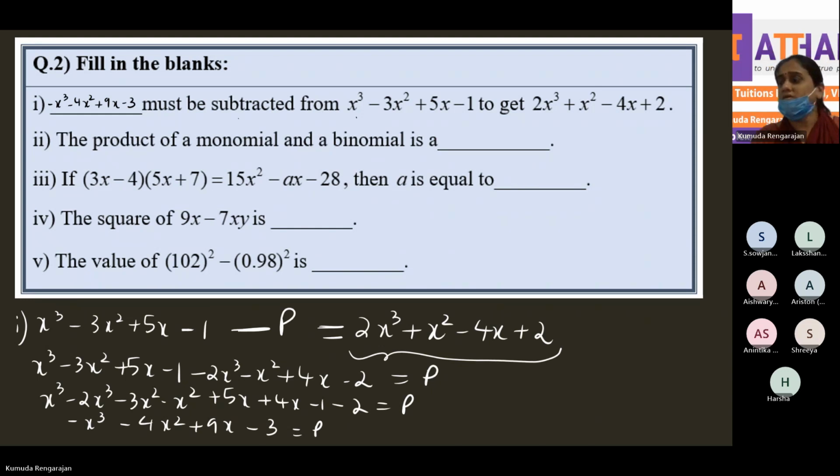This is a question. The fifth question, I made a mistake in typing.